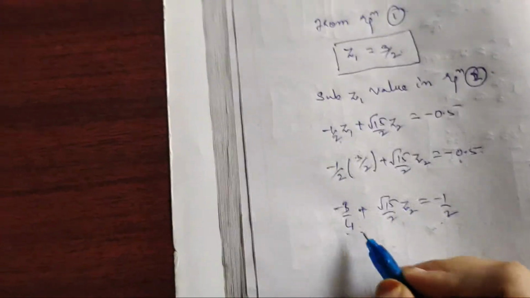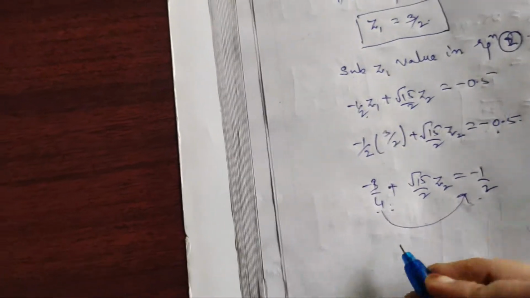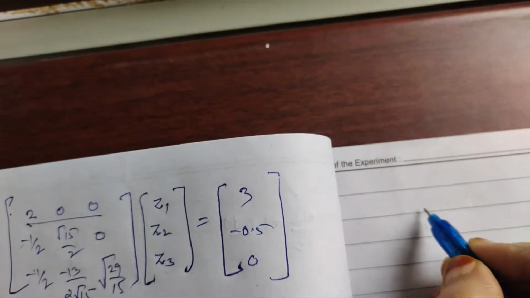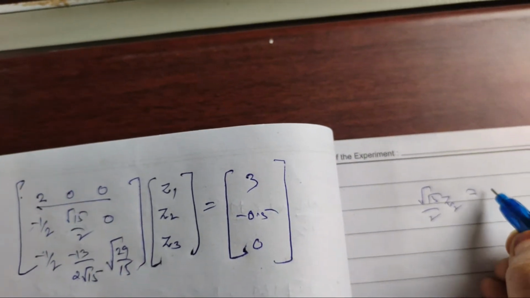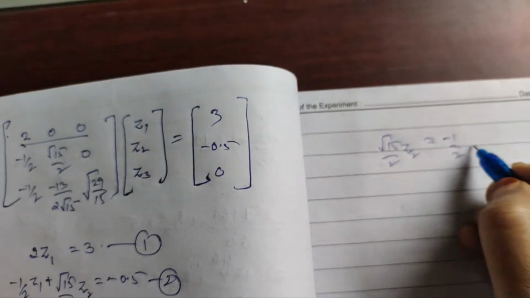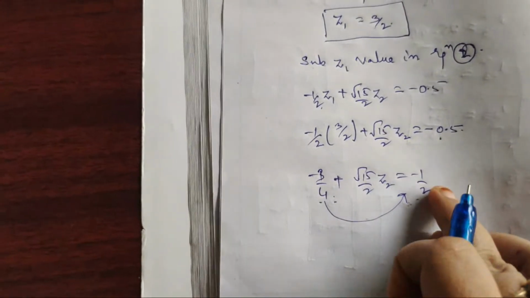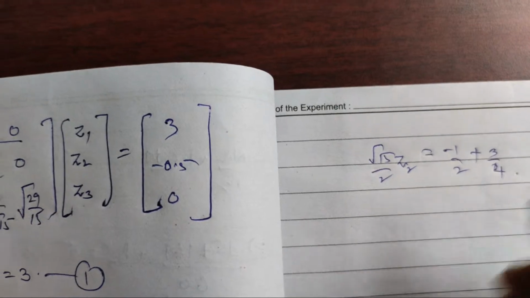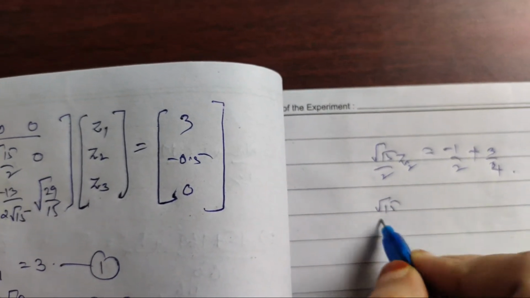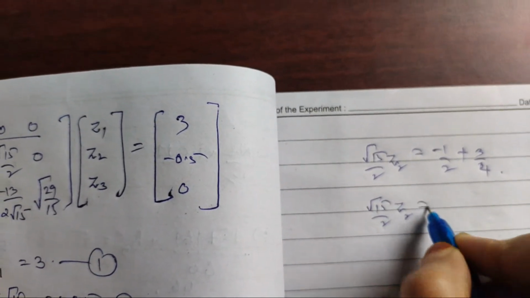Now this minus 3 by 4 I will take to the other side. So root 15 by 2 z2 equals minus half, then plus 3 by 4, because when it goes to the other side it becomes plus.